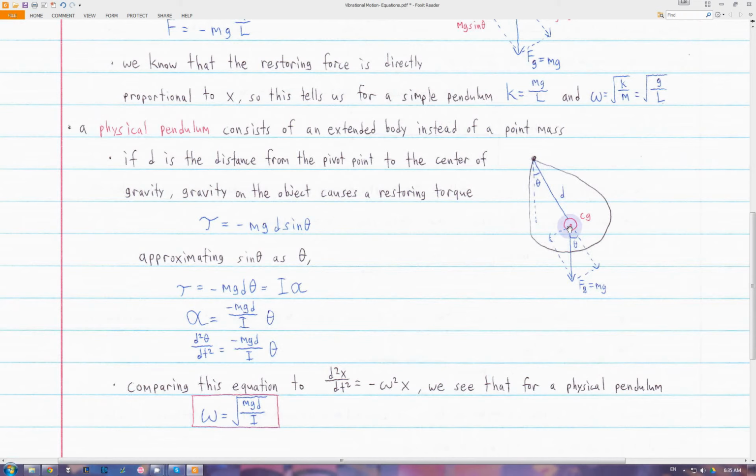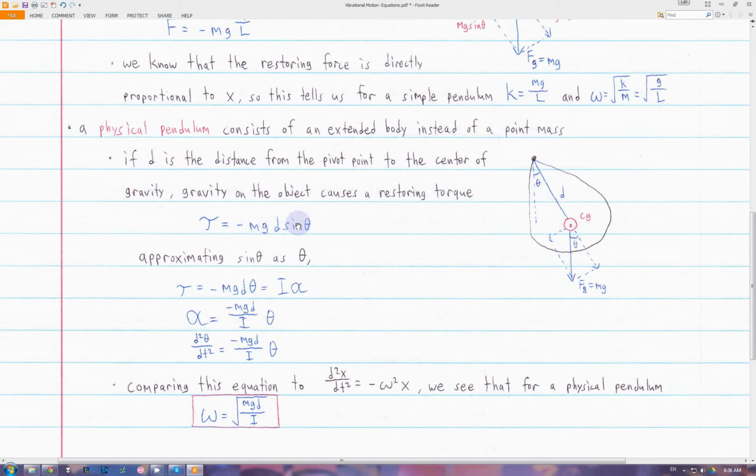So the force is still negative mg times the sine of theta, and then to get the torque, we just multiply the force by the lever arm, which is going to be this distance from the pivot point to the center of gravity, which we will call d. So the restoring torque is negative mg times d sine of theta.